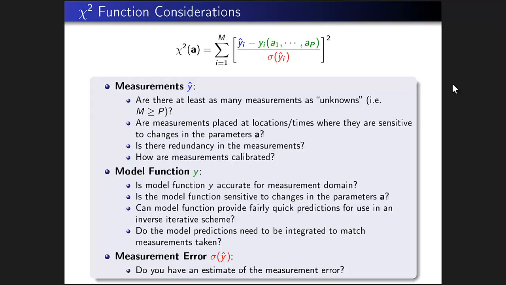It falls out from the maximum likelihood derivation. A chi-square distribution with so many degrees of freedom is something that's been studied to death, and so it's kind of a canonical way of getting errors.